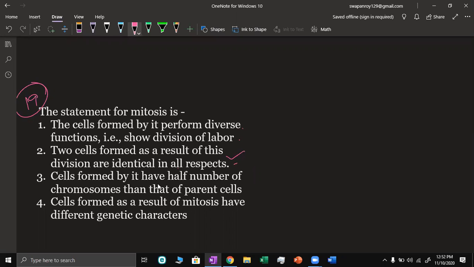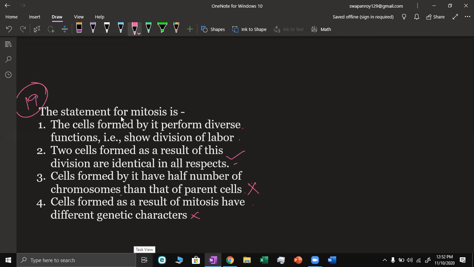Cells formed by it have half number of chromosome than that of parent cell. This is not true for the mitosis. Cells formed as a result of mitosis have different genetic character. This is also not true.